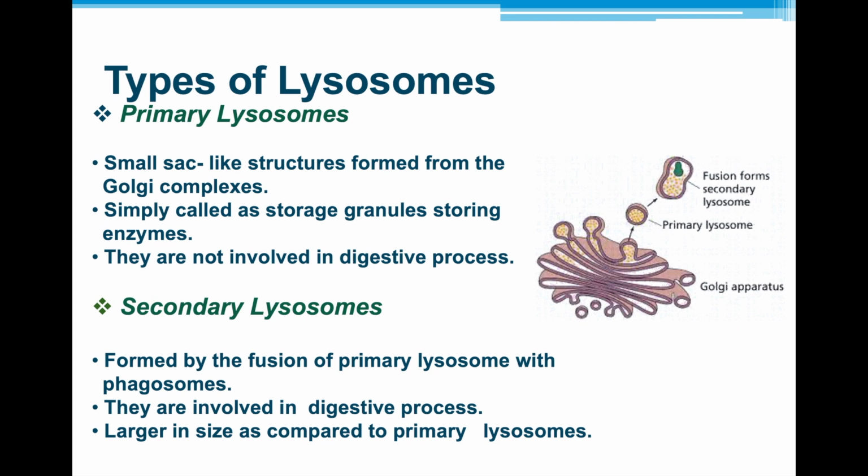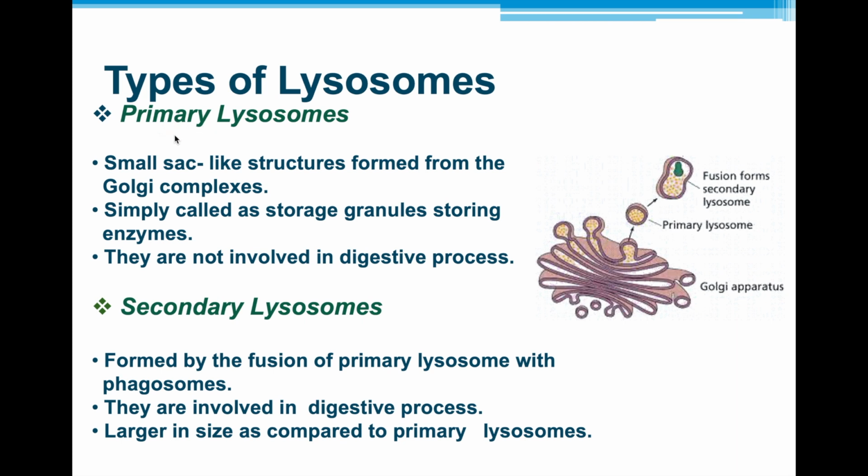Now, types of lysosomes. Depending upon their morphology and functions, there are four types of lysosomes. The types of lysosomes are primary lysosomes, secondary lysosomes, residual bodies or tertiary lysosomes, and last one is autophagic vacuoles. First, primary lysosomes.